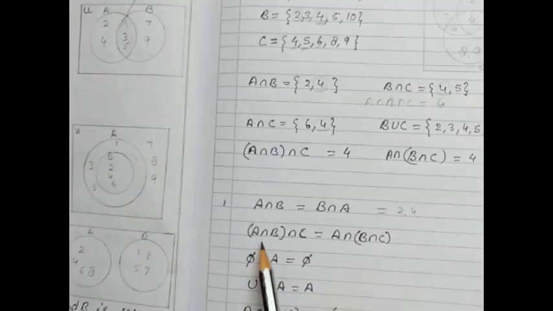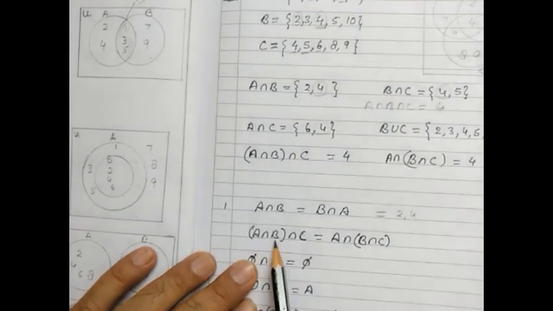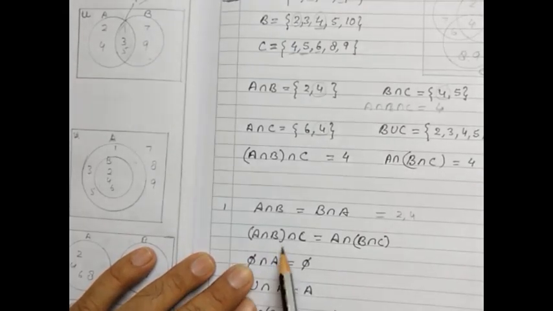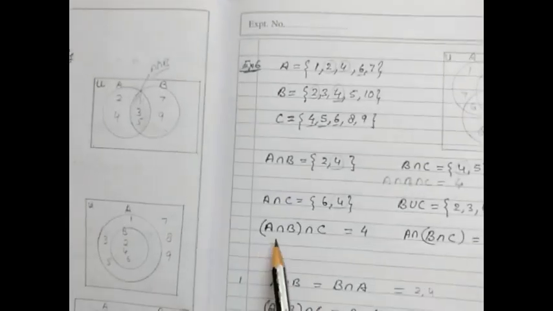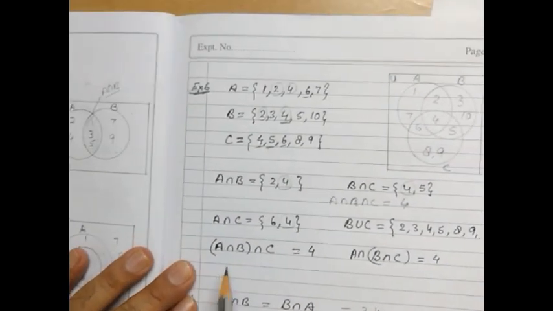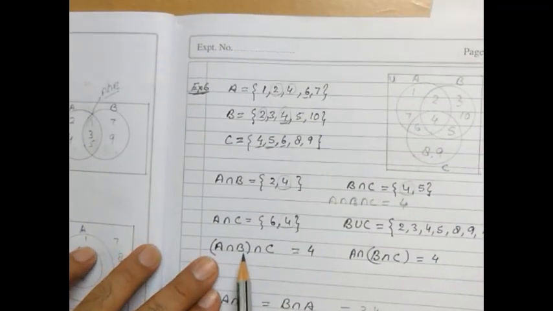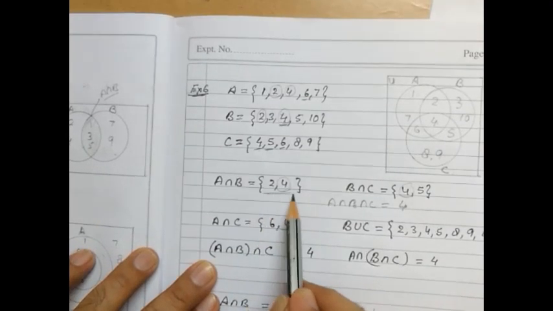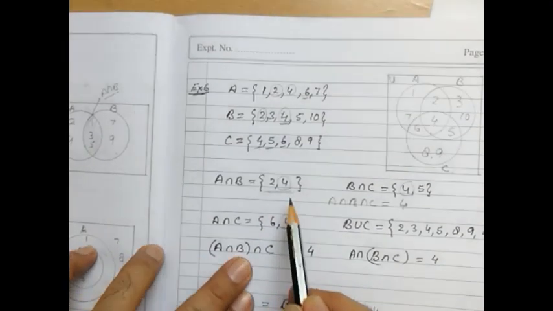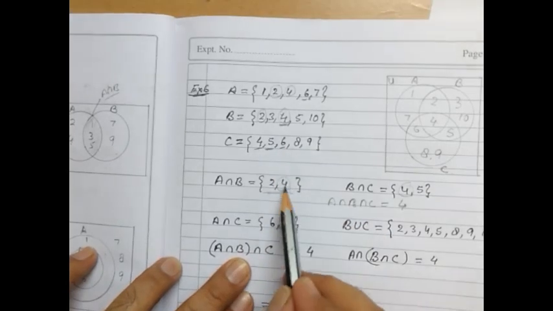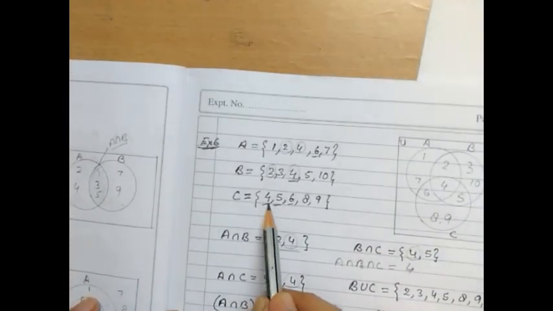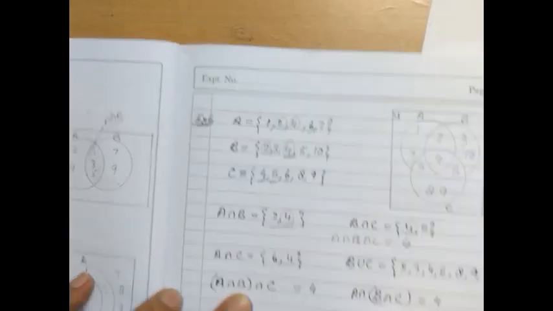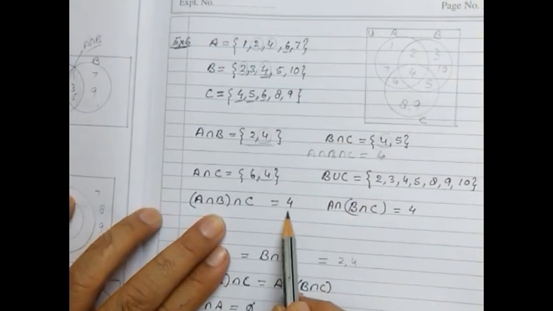Okay, now when we talk about A intersection B, then intersection of C, that will be equal to this. If you see this working being done here, we are taking A intersection B. A intersection B is what? 2 and 4, isn't it? And intersection with C. So 2 and 4, when we are talking about, here we are having 4 in the C, which is common, so it will be taken as 4.